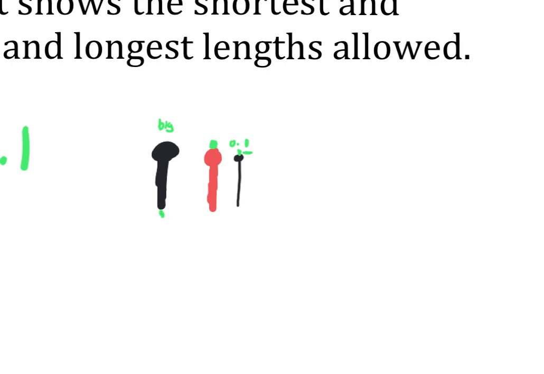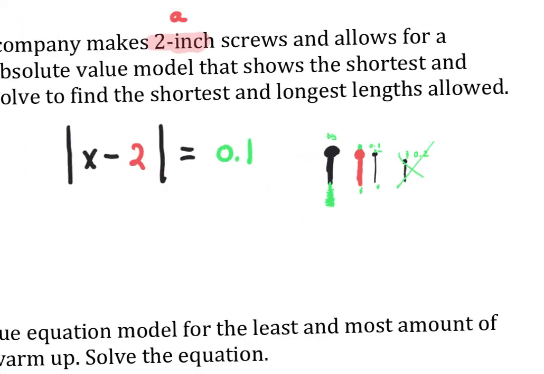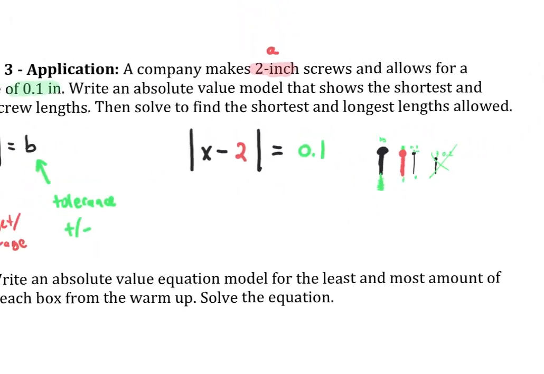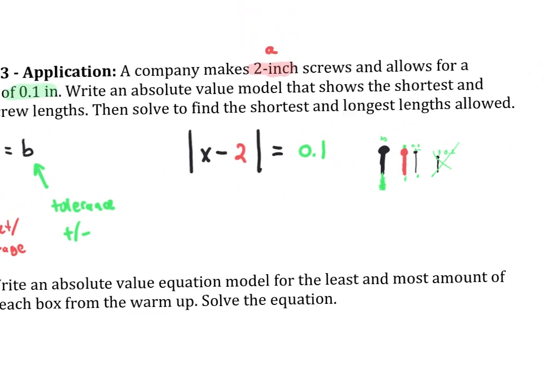So we can have a screw that's a little bit larger, a little bit smaller, or spot on. But if it were too small, so for example over here, and the gap here was 0.2, then they would have to melt that down and do it again. If this one was too large, then they would have to keep filing it down or melt it down and try again. Okay, so here is the absolute value model, done.